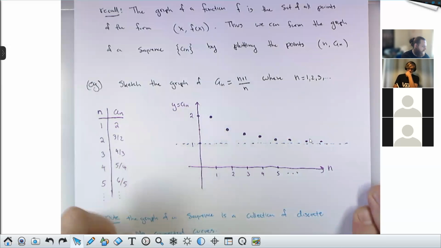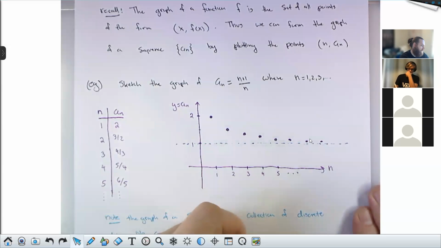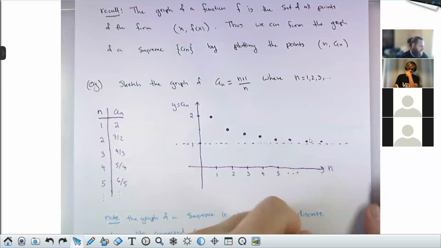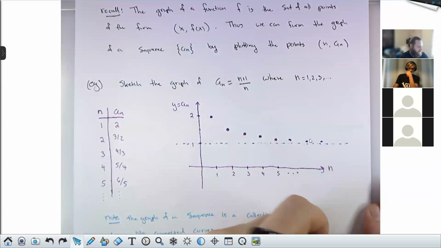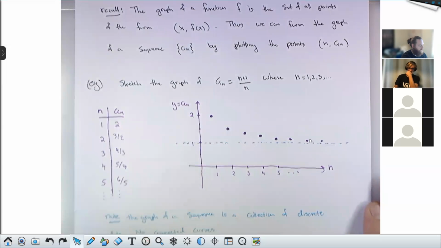So the calculus operations which carry over to sequences, maybe: continuity, question mark. Differentiability, question mark.